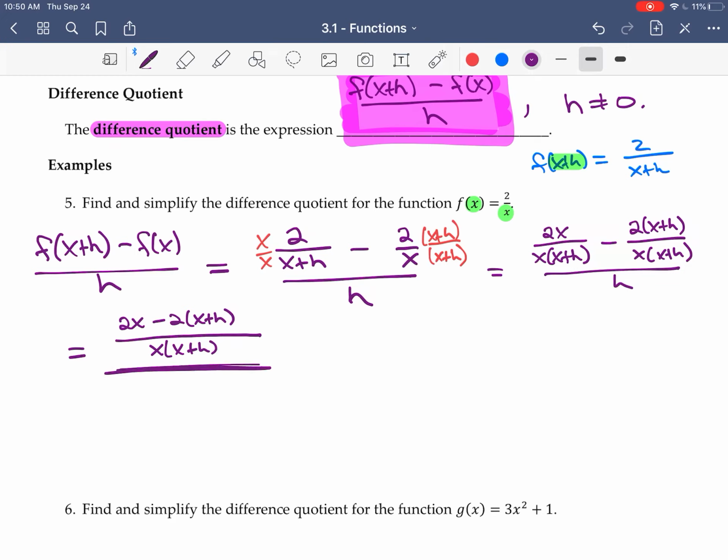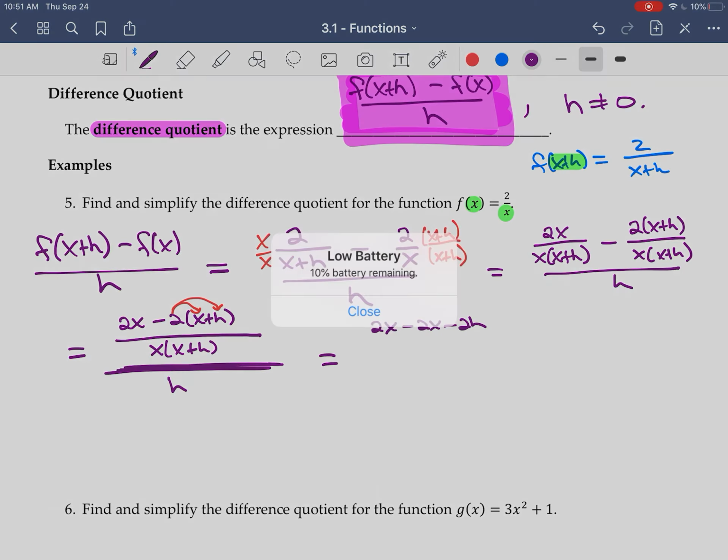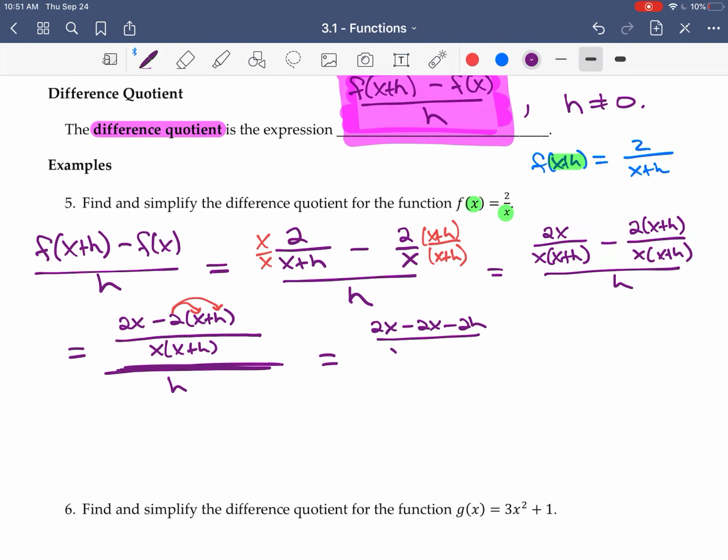And this is my big line, so I don't want to forget that's where my fraction line was. Now if I simplify the top, you have to expand this in. So I get 2x minus 2x minus 2h over x times (x plus h), all over h.